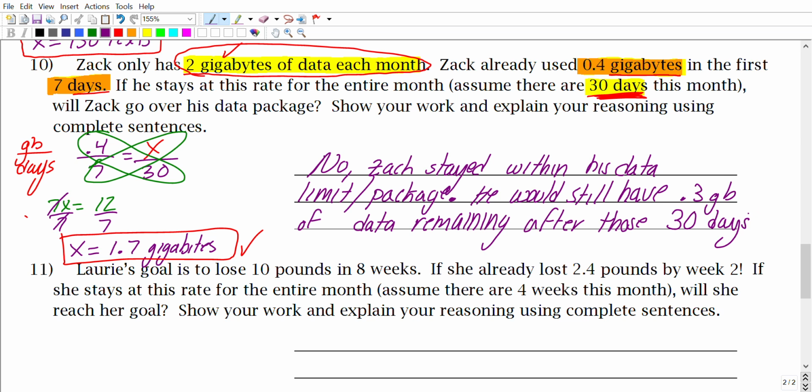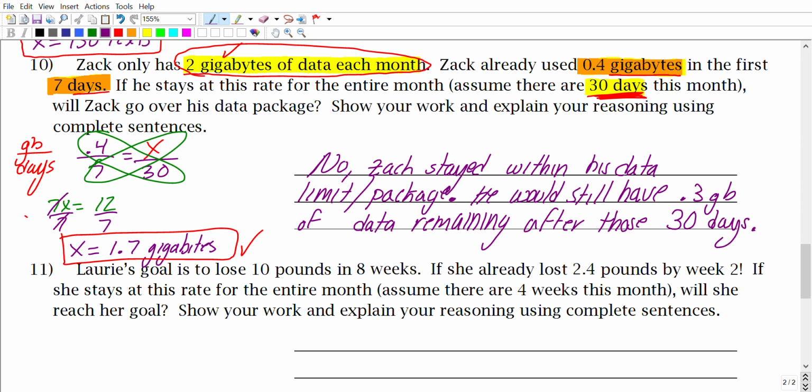Okay, so when I ask for a complete sentence, this is what I want to see. I want to see something to this effect. It doesn't have to be exactly like this, but you need to explain to me yes or no. Did he go over his data package or did he stay under? So you would say no, he did not go over his data package because Zach stayed within his data limit. All right, he would still have 0.3 gigabytes of data remaining after those 30 days.